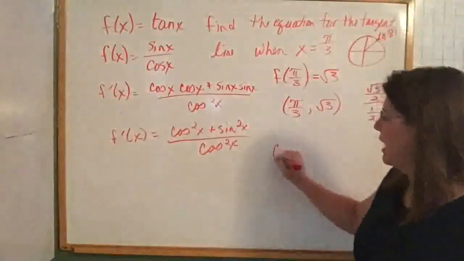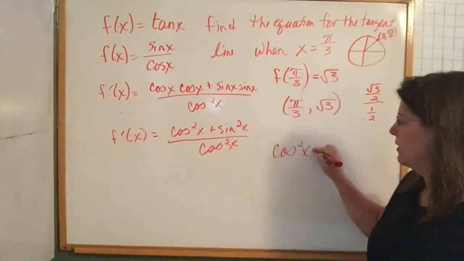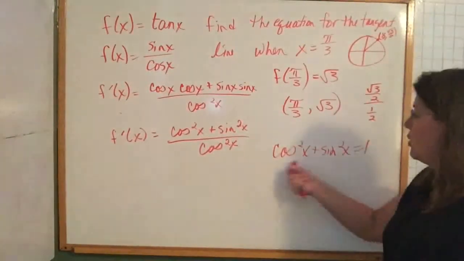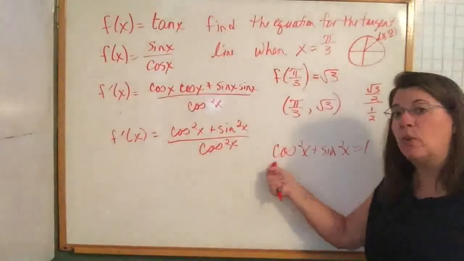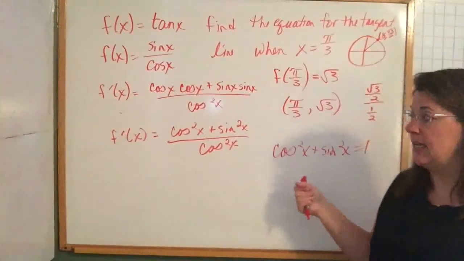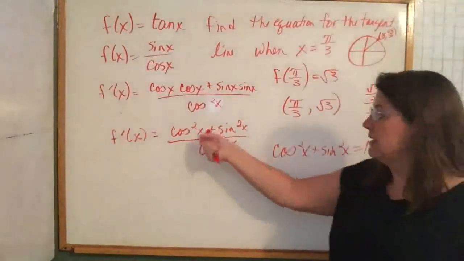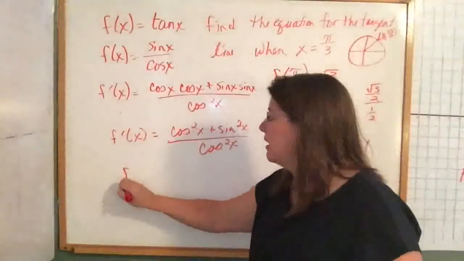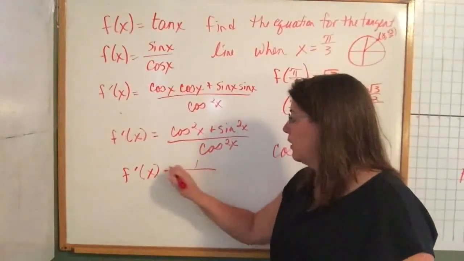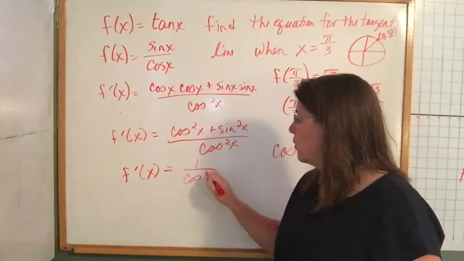Remember, cosine squared x plus sine squared x is equal to 1. It's one of the real basic trig identities. So if we can recognize that is 1, then look at what we have here. f prime of x equals 1 over cosine squared x.